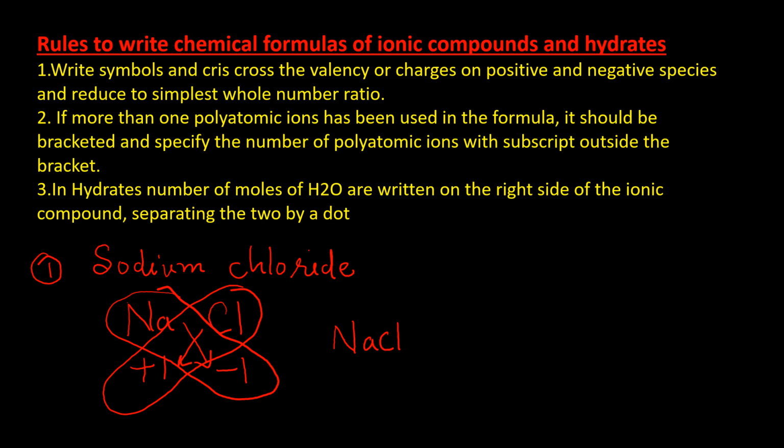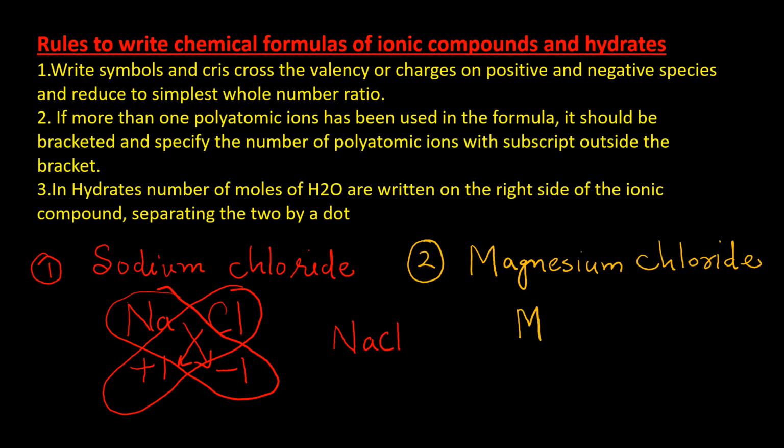Another example we can consider, let's say we write magnesium chloride. So the name given is magnesium chloride. The formula writing is very simple. We'll write the symbol for magnesium, which is Mg. You can locate the correct symbols from the periodic table. This is magnesium, not manganese.